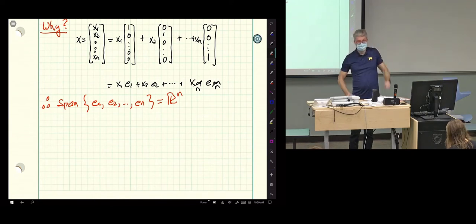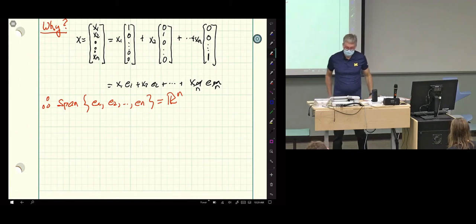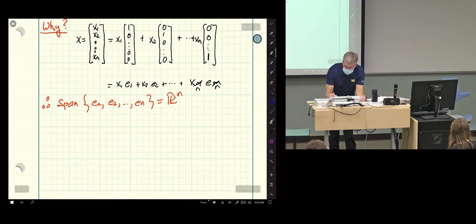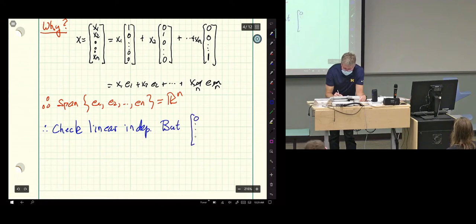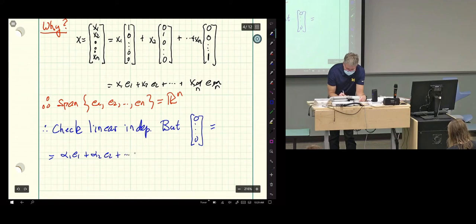Now, are those vectors linearly independent? Then it'll be a basis. So we need to check linear independence. But 0, 0, 0 equals alpha 1 e1 plus alpha 2 e2 plus dot dot dot alpha n en.